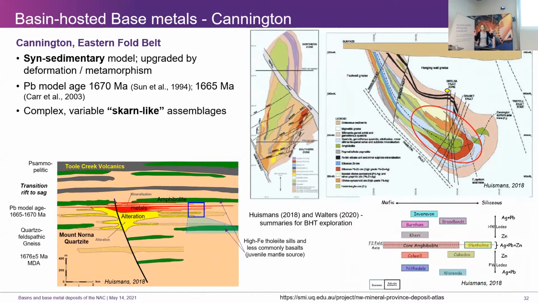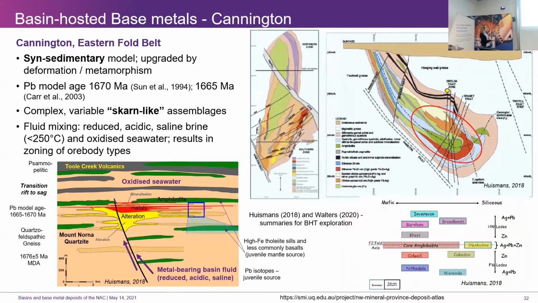And as I mentioned, there are exhalite style units in it, but the main model that you can see here at the base on the mineralizing event, we have the metal-bearing fluids coming in, and they have the juvenile lead isotopes, and they're within the sequence, so not at the seafloor, which is the key difference there.